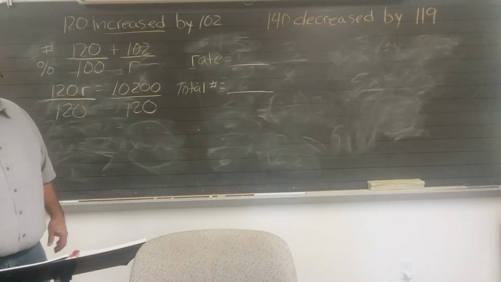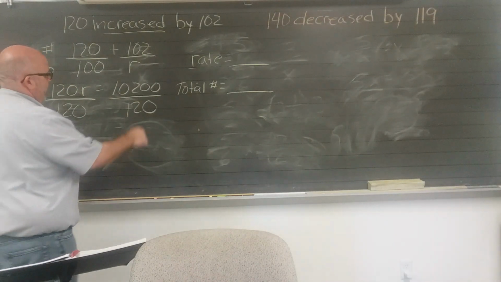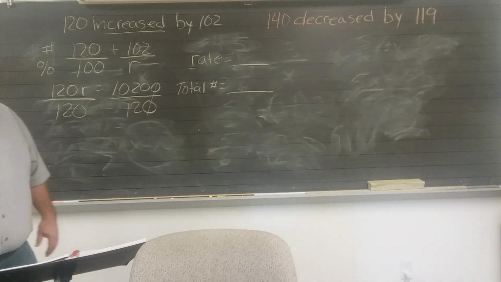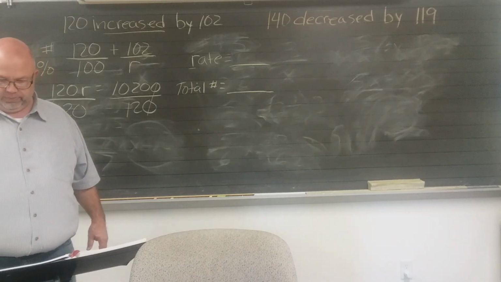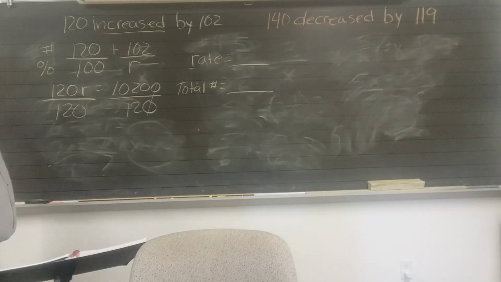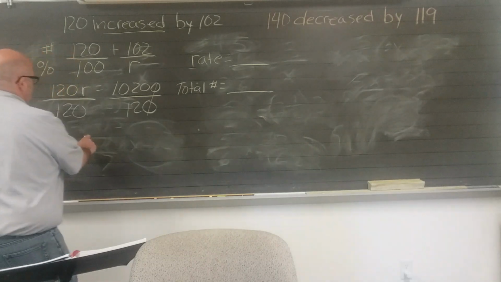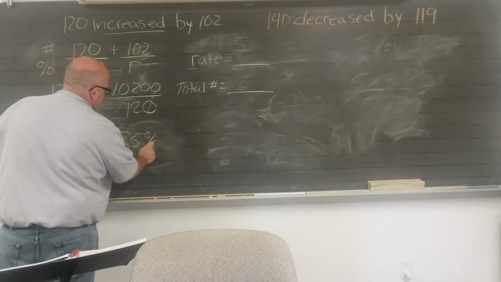What is 10,200 divided by 120? You can hack these 2 zeros off if you want and just go 1,020 divided by 12. What is 1,020 divided by 12? I have that 1,020 divided by 12 is 85%. R equals 85, which is percent.